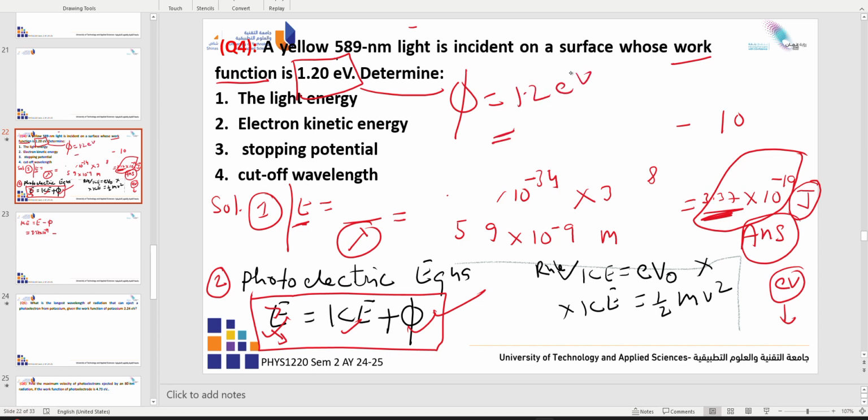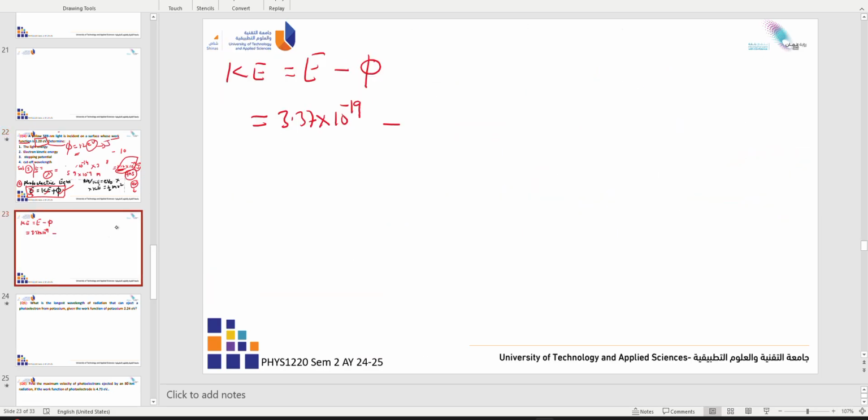So I need to change this electron volt to joule. I write 1.2, then multiply by 1.6 times 10 to the power minus 19.